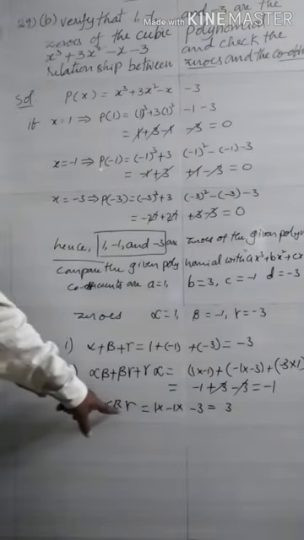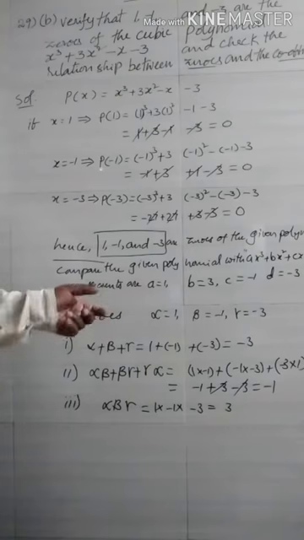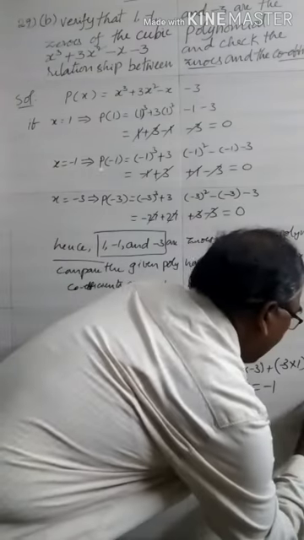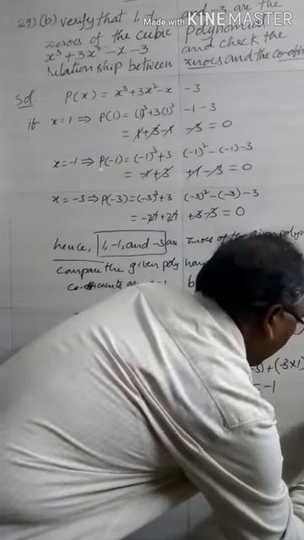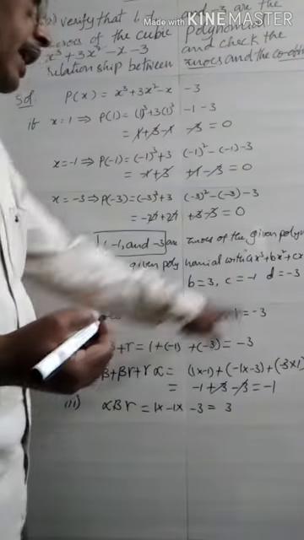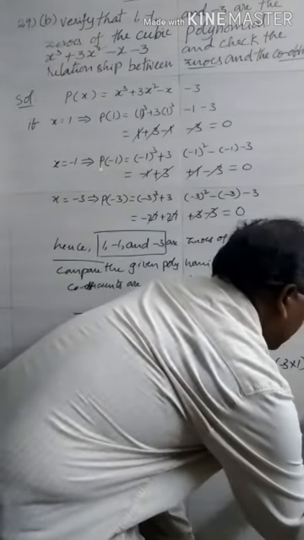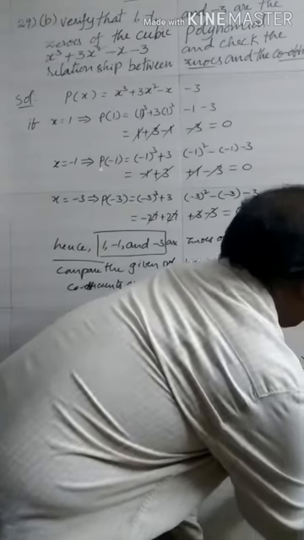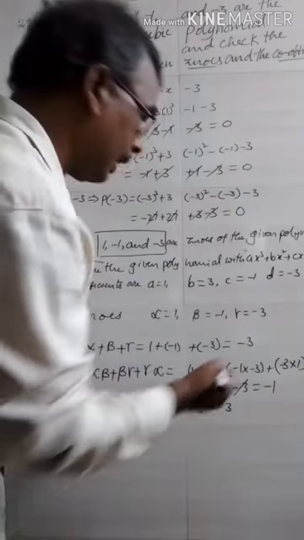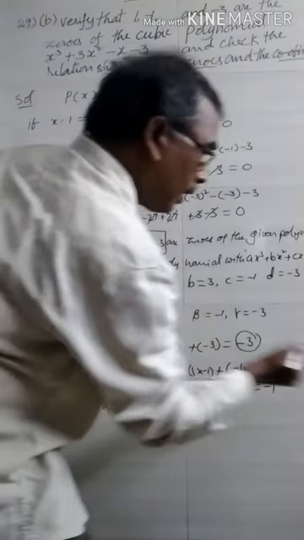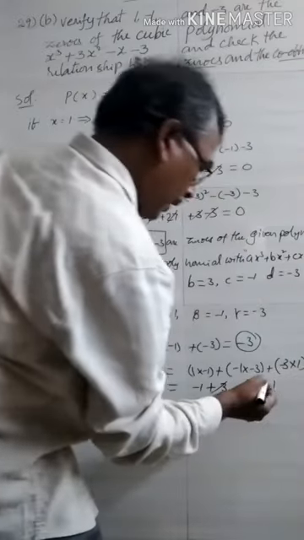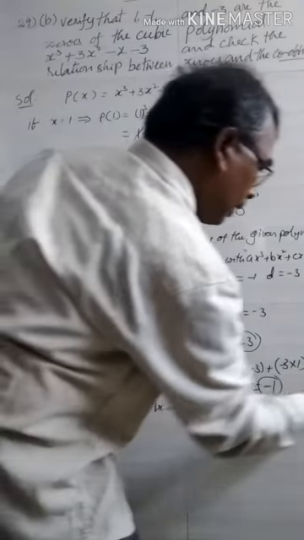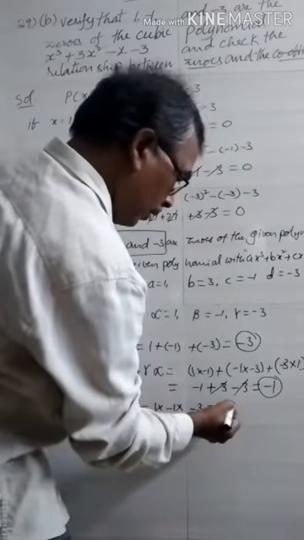Next, the third one, alpha into beta into gamma. That is minus d by a. What is minus d? Minus of -3. A is 1. What you get? 3. Now look here. -3, -3. -1, -1. +3, +3.